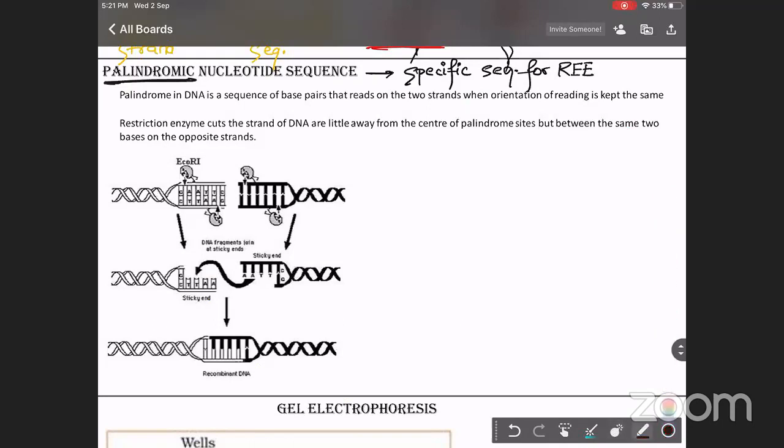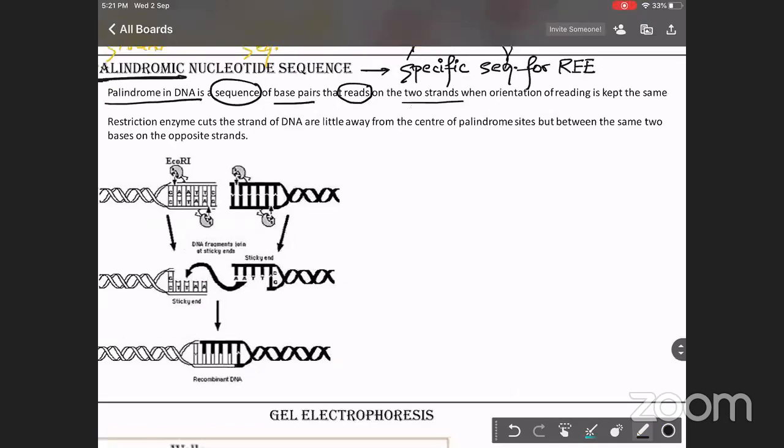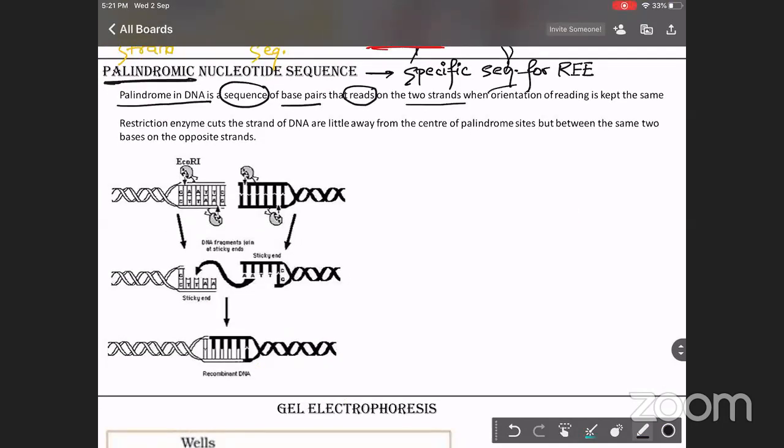Now we will read the theory. So you have understood the concept. Let's go towards the solution. So what is a palindrome? A palindrome in DNA is the sequence of base pairs that reads the same on the two strands when the orientation of reading is kept the same.